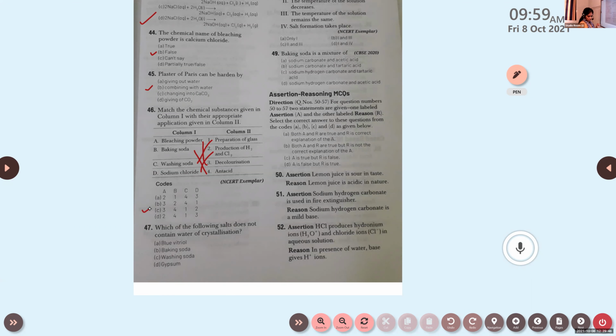Which of the following salts does not contain water of crystallization? A, blue vitriol, B, baking soda, C, washing soda, D, gypsum. We know the chemical formula of baking soda, washing soda, etc. So can you tell me, children, which of the following salts does not contain water of crystallization? What about the chemical formula of baking soda? Baking soda, that is sodium hydrogen carbonate.